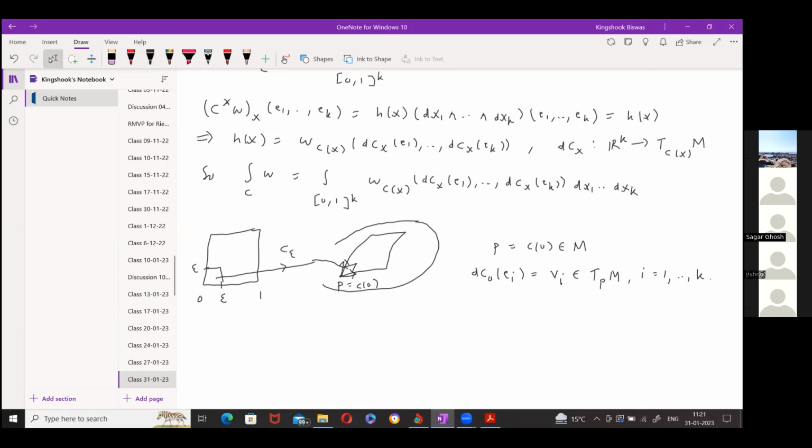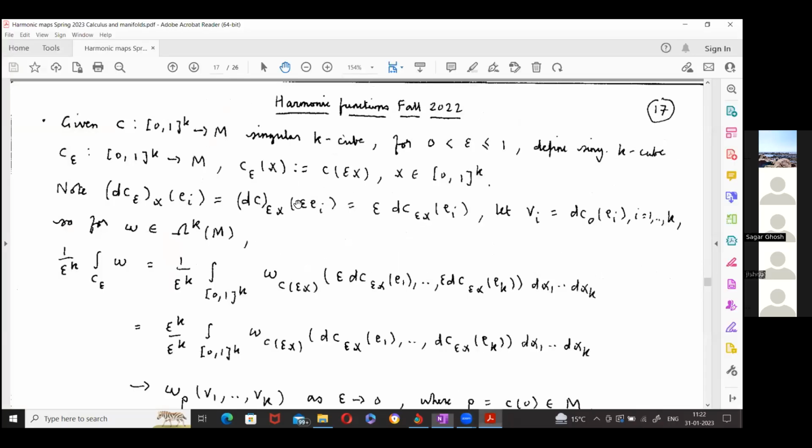So what happens when we integrate over this small cube? Let's work out the integral over this small cube. First, let's look at the derivative of C_epsilon at x applied to e_i. By the chain rule, this is going to be the derivative of C at epsilon x applied to epsilon e_i.